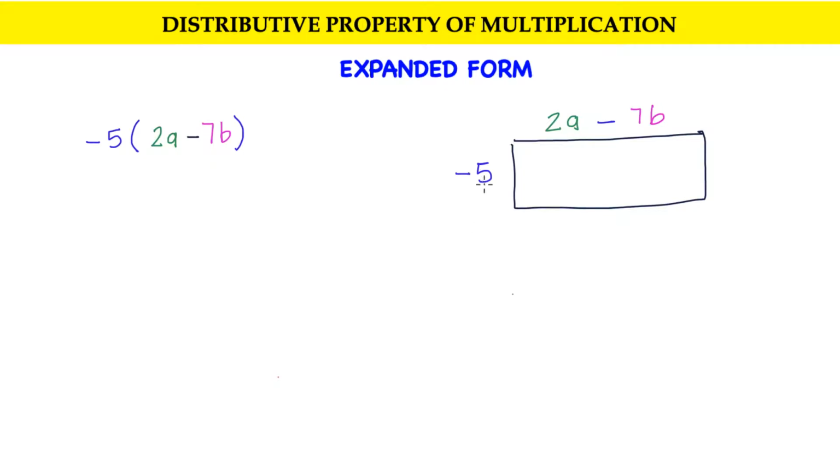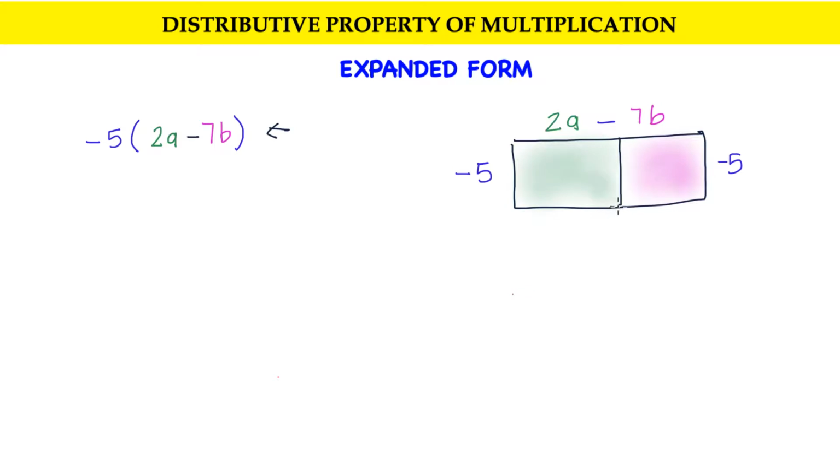So you would do -5 times 2a minus 7b, and that is essentially this expression. Now let's split up this rectangle into two parts. Let's call this the green rectangle and let's call this the pink rectangle. So what are the sides of these two rectangles? If this side is -5, this side is also -5.